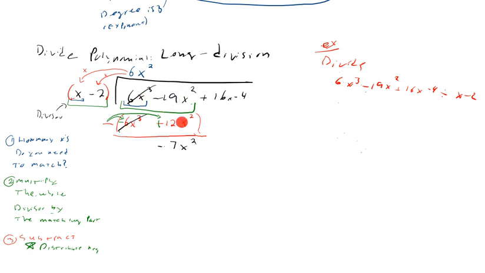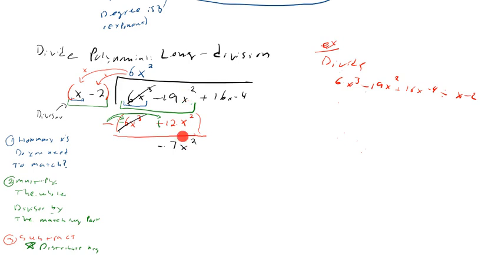This is the leftovers, right? We got to deal with it. So we subtracted these: negative 19 minus negative 12, minus becomes plus 12. Negative 19 plus 12 is negative 7x squared. That's the x squared piece.